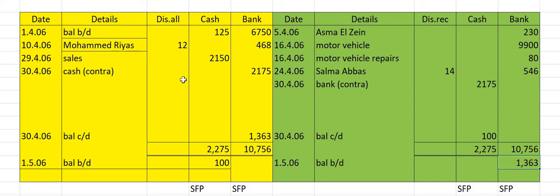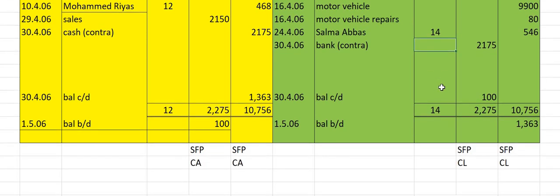Now what are we going to do with this discount allowed and discount received? We just bring the total down. We just bring this total down, 12. And over here also we bring the total down, 14. We are not going to balance it as carried down, brought down.